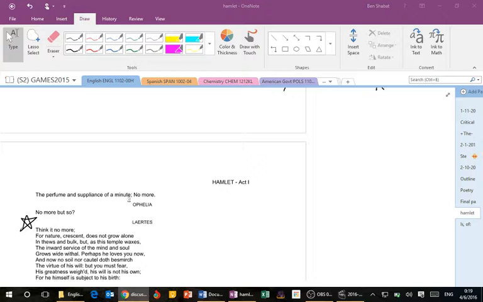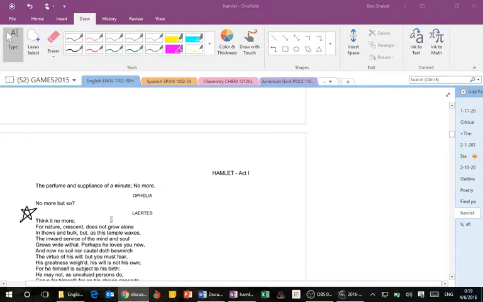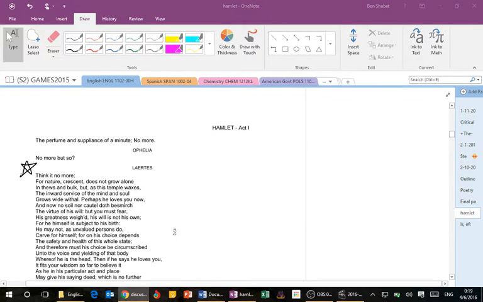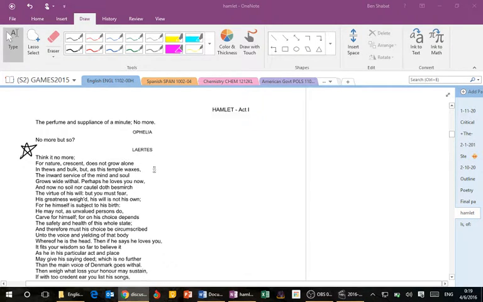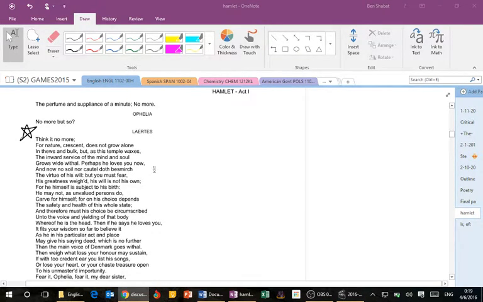So obviously women's rights were not where they are today. For one thing, here we have Laertes sort of schooling his sister on how she should behave when confronted with the matter of, shall we say, Hamlet's courtship.